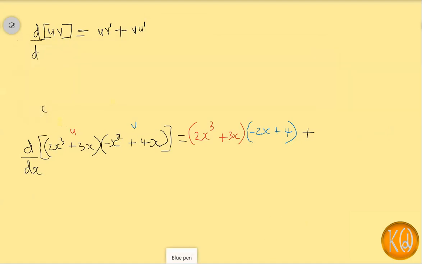Good. Now the second term, which is v, that's negative x squared plus 4x. Great.